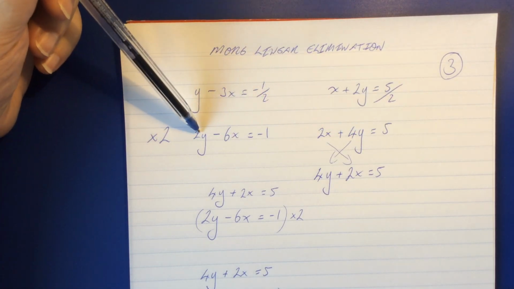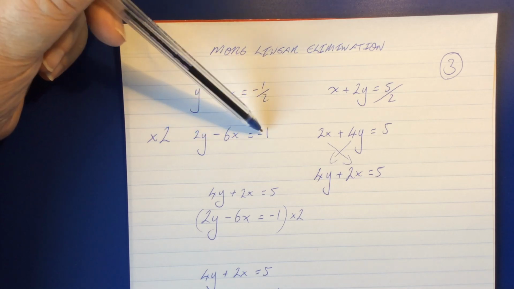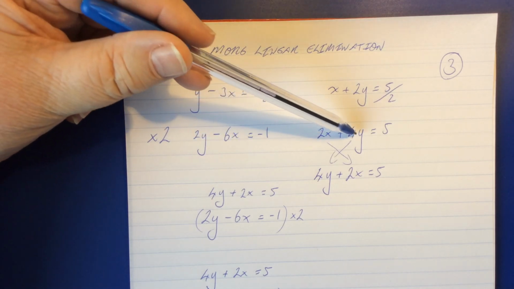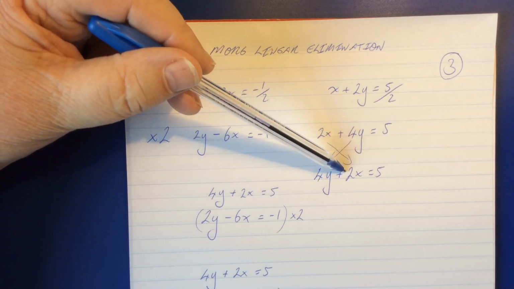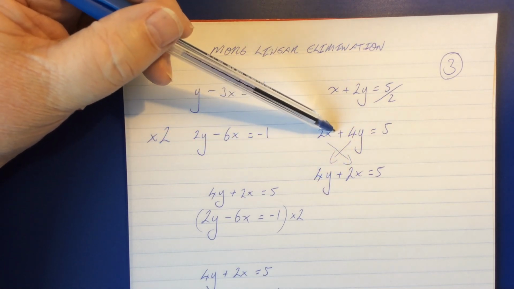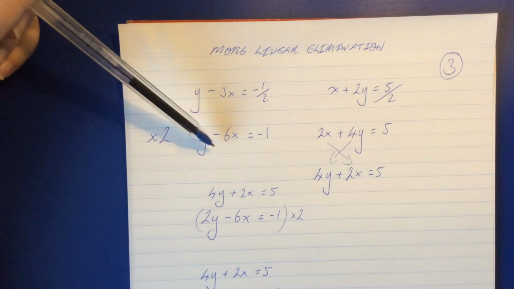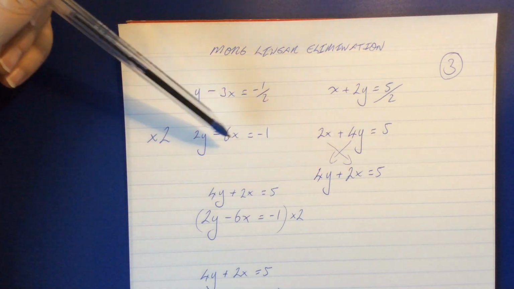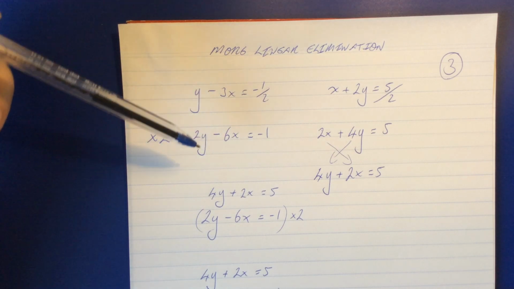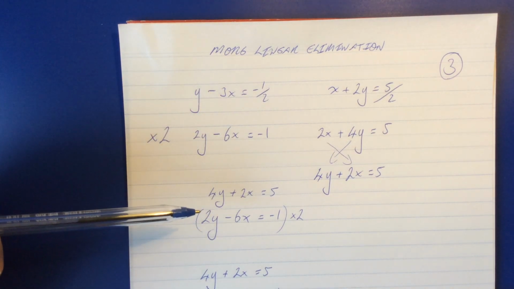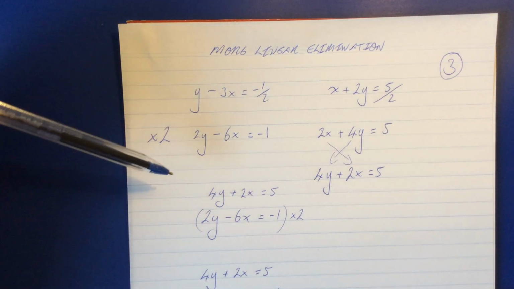Now I notice that I've got this equation in this order, so I'm just going to swap the positions of x and y here so that this equation is in a similar order to this. Hopefully you can see that. And then I'm going to look at how I eliminate.